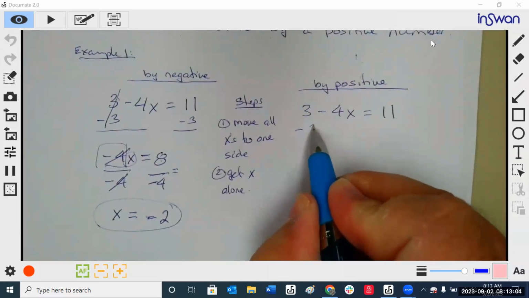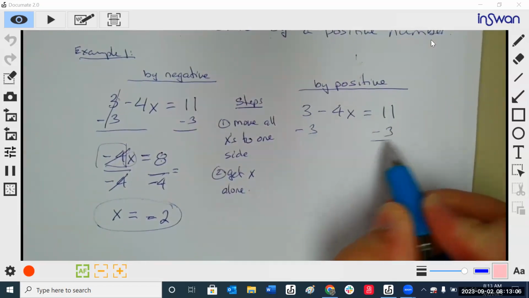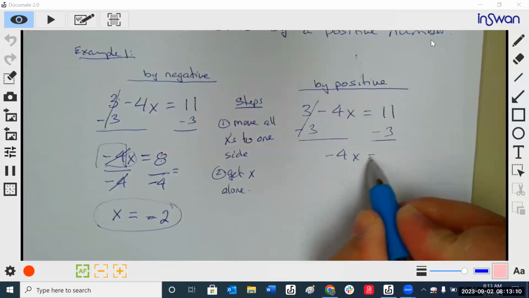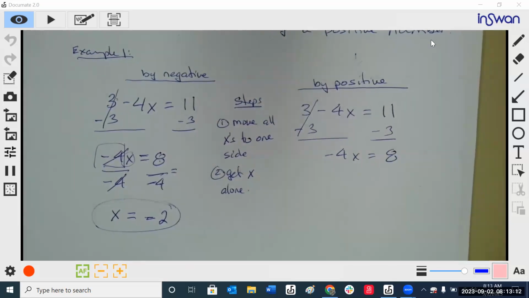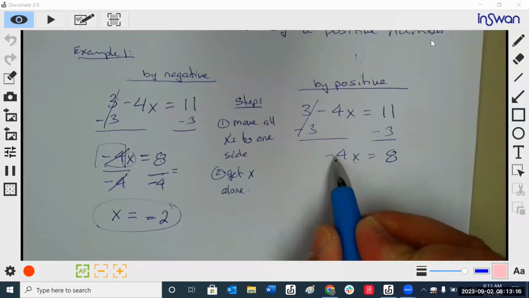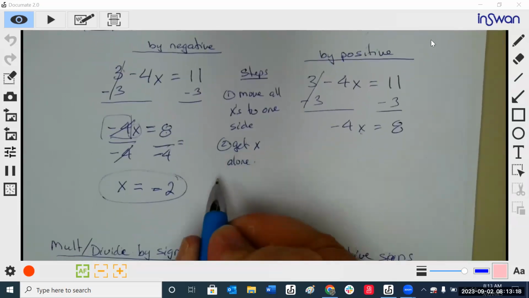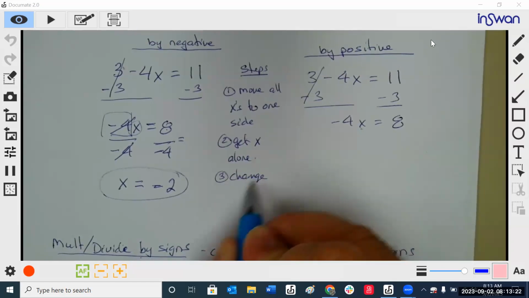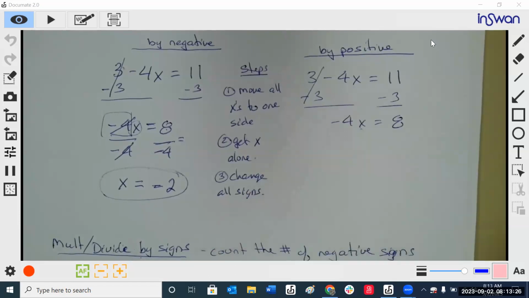Again, same thing, we move the 3 over, subtract 3 from both sides. At this stage, since in front of your x is a negative, change all signs.